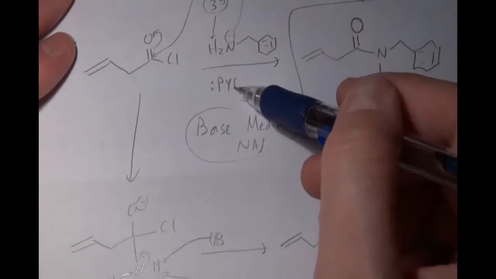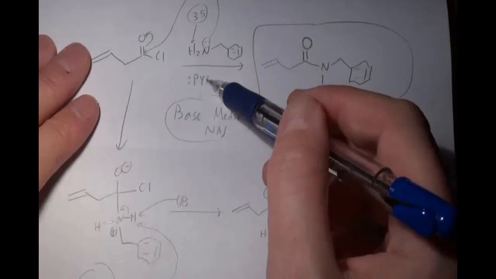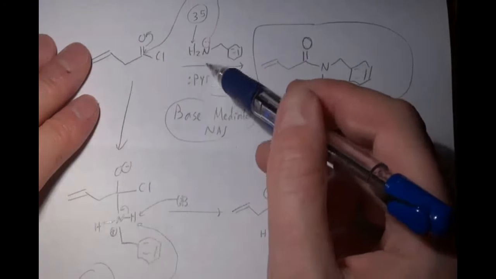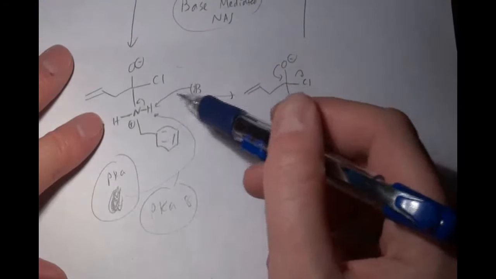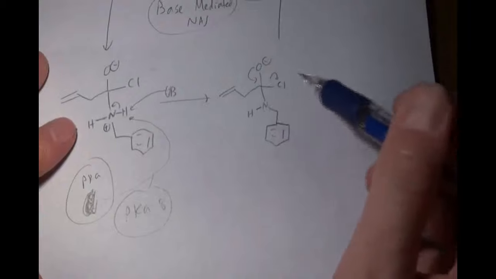And so this proton's pKa 8, so the pyridine can take that off. Generally speaking, in the normal base-mediated NAS, the base does not do anything until after the nucleophile attacks.